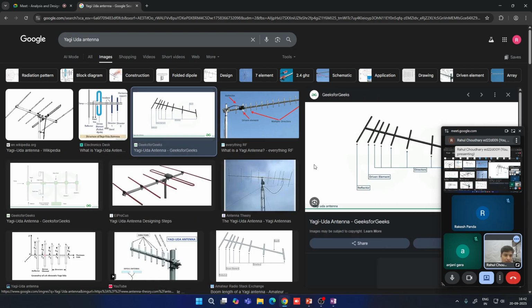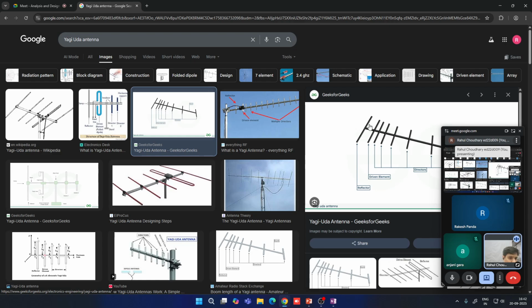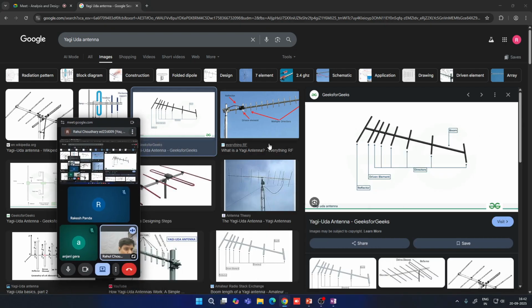And you can see that the reflector element is always longer than the driven element. In this, only one single element is fed. These are dipole elements. The only element which is fed is the driven element, and the rest are just to get the directivity better, and the gain is also better than a normal dipole antenna.